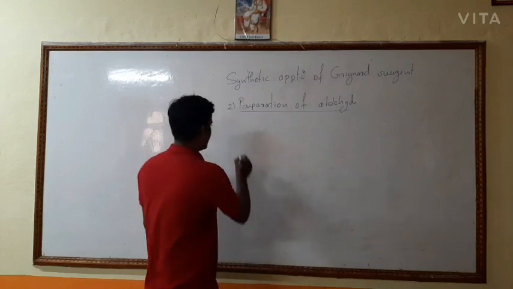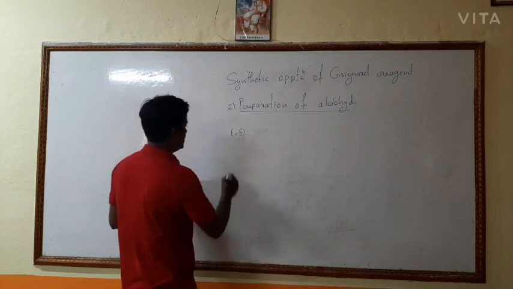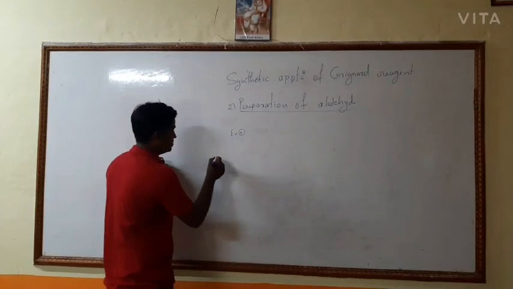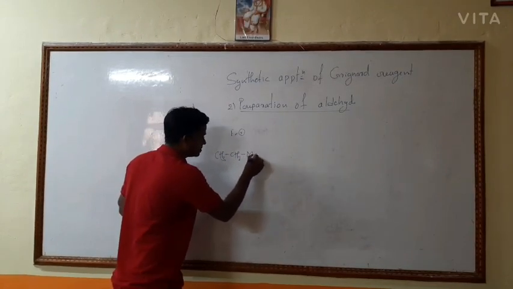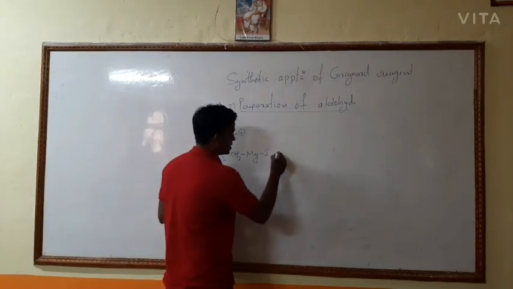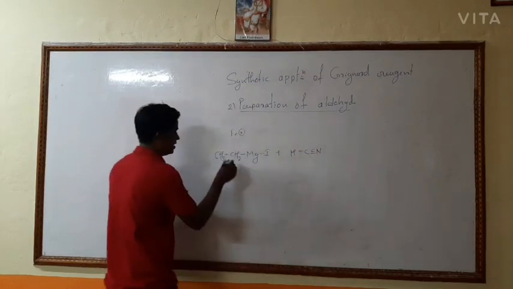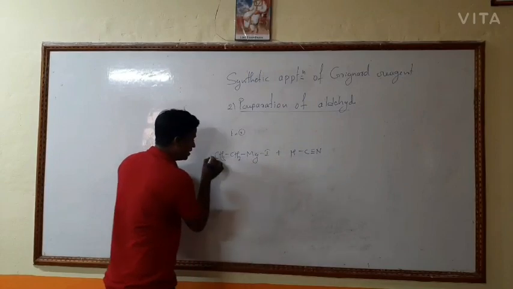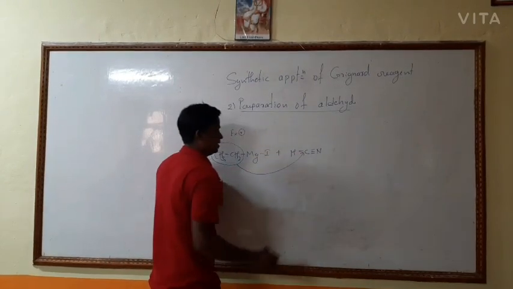Next, example number 2. Here, instead of methyl magnesium iodide, ethyl magnesium iodide is reacted with hydrogen cyanide. When you react ethyl magnesium iodide with hydrogen cyanide, the alkyl group of the Grignard reagent attacks the carbon atom.